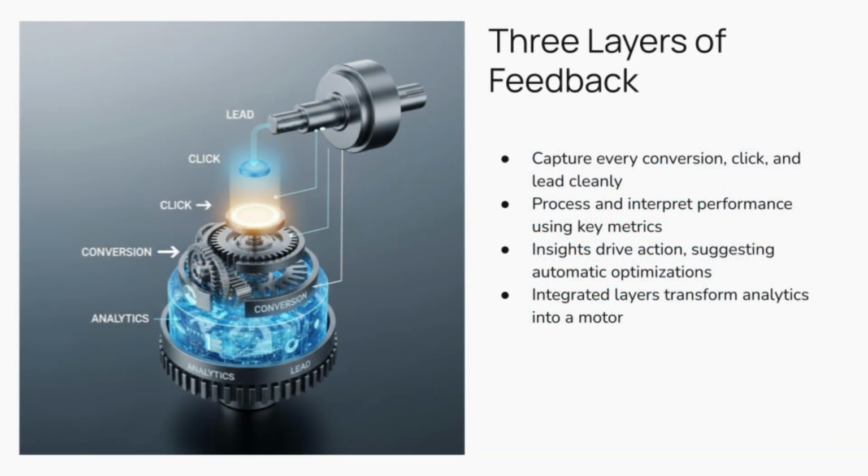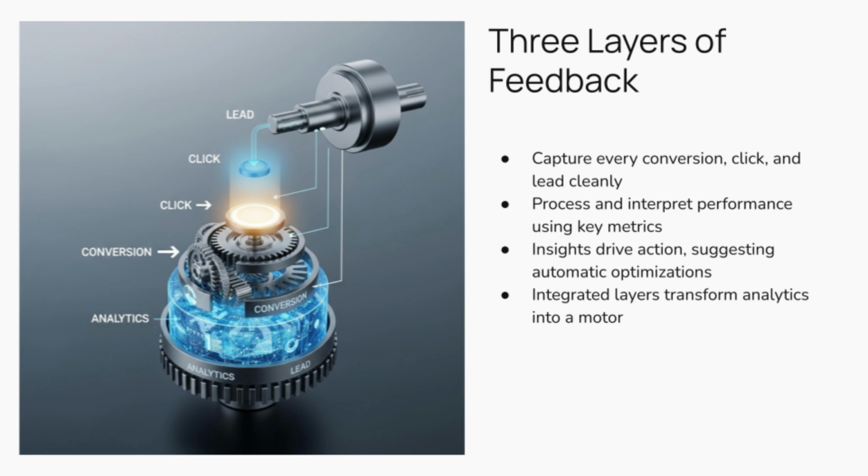A great feedback loop system has 3 layers. Data collection layer. This is where your tracking lives, GA4, Google Ads, Meta, LinkedIn, and your CRM. Make sure every conversion, click, and lead is captured cleanly. Analytics and evaluation layer. This is where you process and interpret performance.